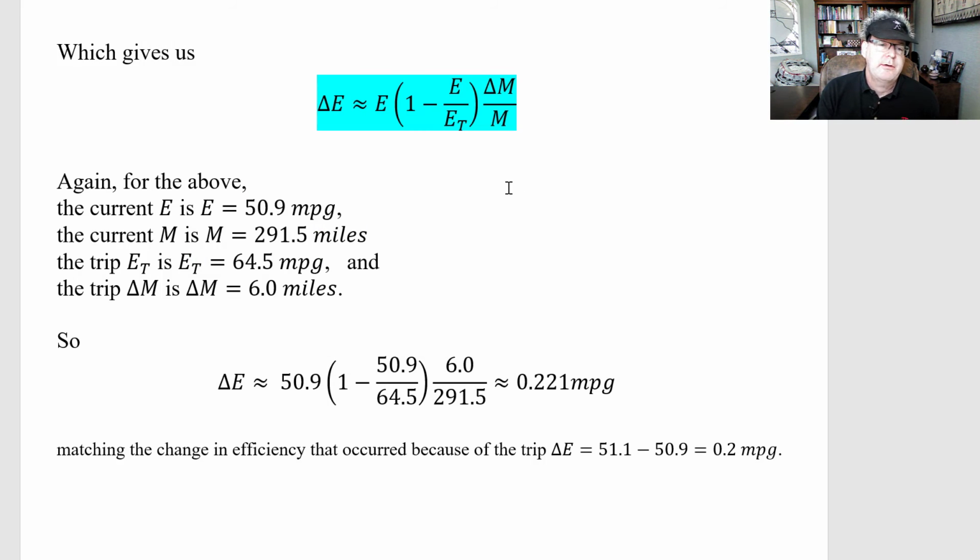Again, I have it here. So for that trip we did, we had 50.9 miles per gallon at 291.5 for our start, and then we did the little trip of 6 miles, that was 64.5 miles per gallon. So if I put it in here, I get about 0.221 miles per gallon. So my fuel efficiency should go up by about 0.2 if it's only reading to the tenths place.